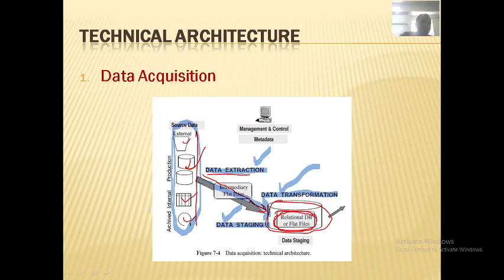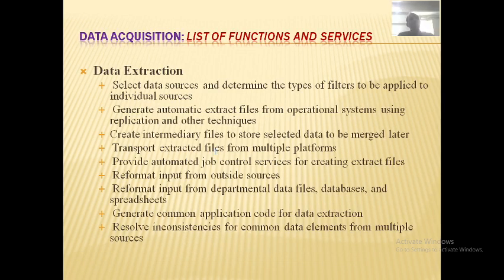Now this entire architecture is the data acquisition architecture, technical architecture. Got it? If you remember the complete architecture, you can divide it into three different architectures. Got it? Now, in the data acquisition, we'll see what are the functions and services provided by the data extraction.